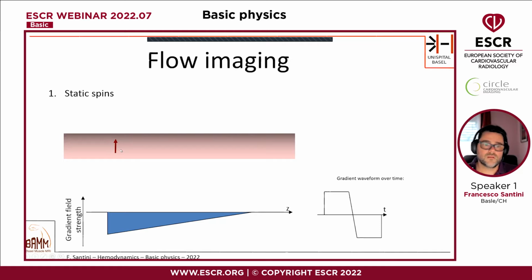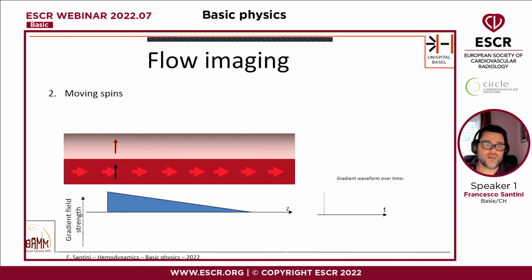Okay. What happens now if we have a spin that is in a vessel? So here we have our static spin, and this is a vessel that is flowing along the direction of this gradient. So this is a bit more complicated, but during the positive polarity, the spin will have traveled. And so it will not have experienced the constant gradient that was before.